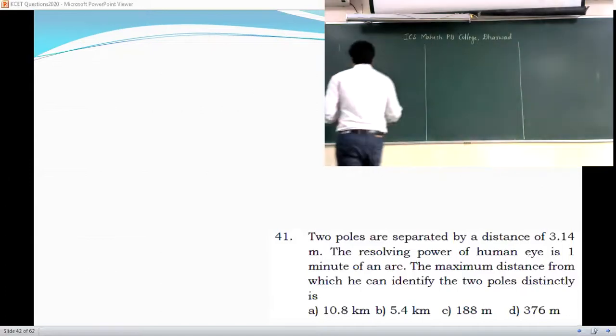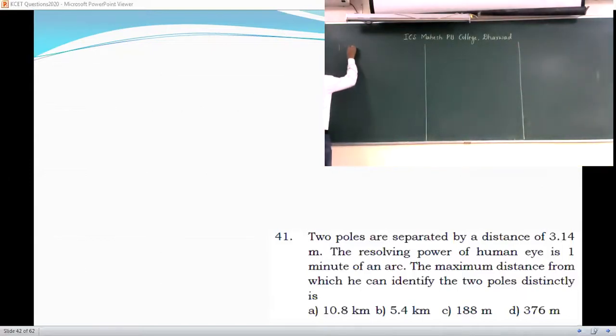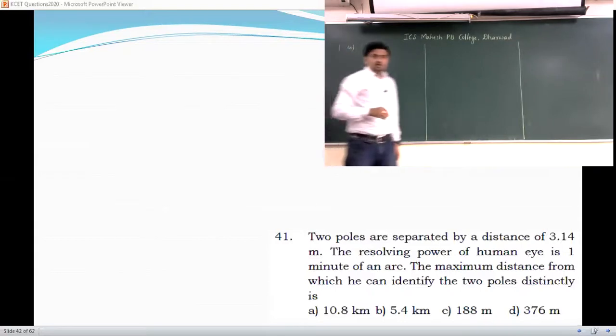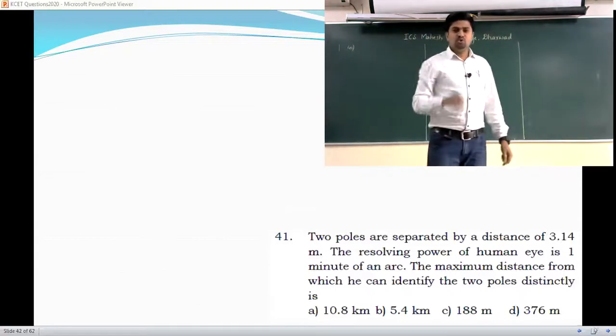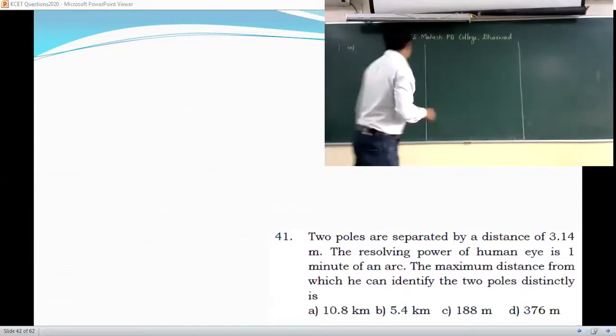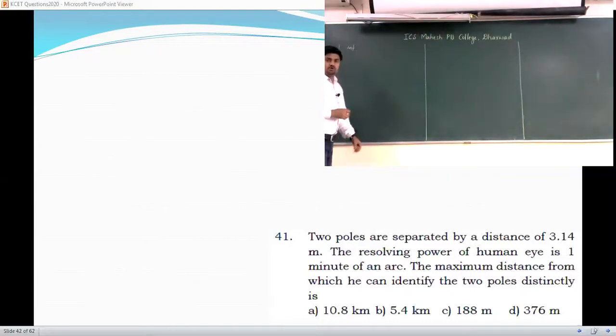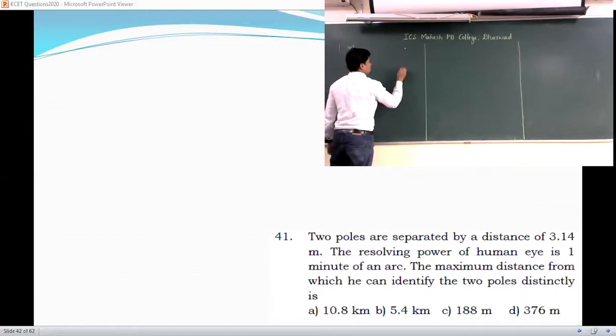Now here in the 41st question, they have given some distances. Two poles are separated by a distance of 3.14 meter. Suppose this is one pole and here you have another pole. So these two poles are separated by a distance of 3.14 meter.